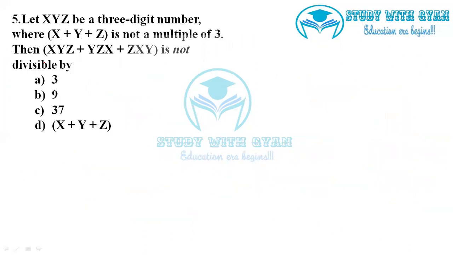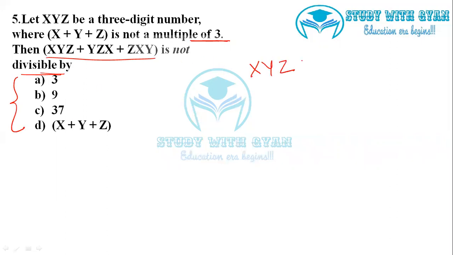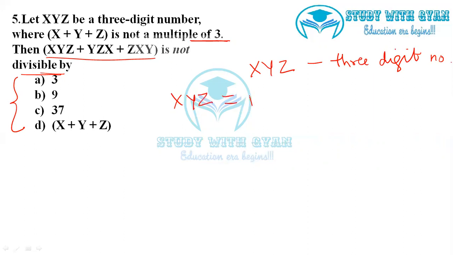After this, let x, y, z be a 3-digit number where x plus y plus z is not a multiple of 3. Then xyz plus yzx plus zxy is not divisible by which of these options. So xyz is a 3-digit number, so you can write xyz as 100x plus 10y plus z.